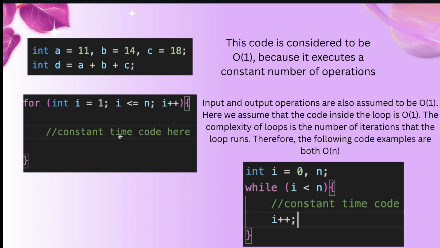Now we come to the time complexity calculation of a for loop. We have the for loop here and the while loop here. I must say that input and output operations are also assumed to be O(1). So the code inside our loop is O(1).